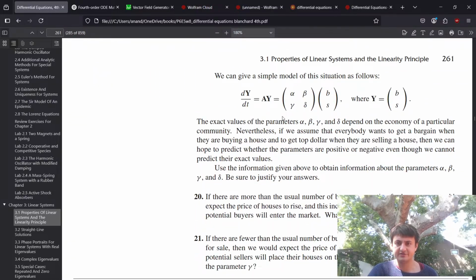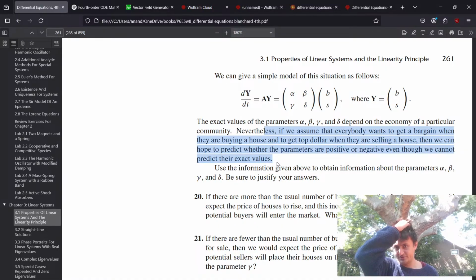The exact values of alpha, beta, gamma, and delta depend on the economy of a particular community. Nevertheless, we assume that everybody wants to get a bargain when they're buying a house and to get top dollar when they're selling a house. Then we can hope to predict whether the parameters are positive or negative, even though we can't predict their exact values.